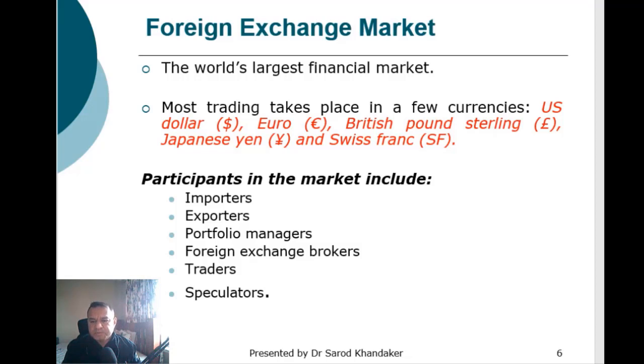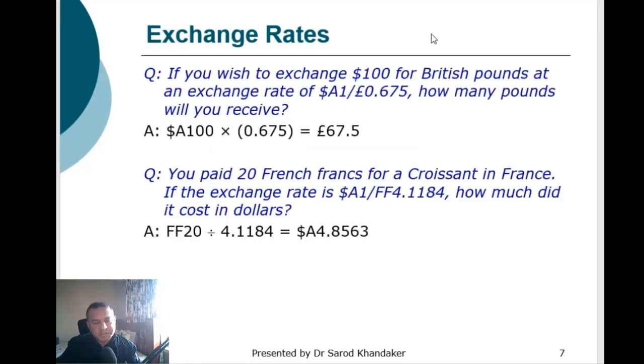The participants in the market include importers, exporters, portfolio managers, foreign exchange brokers, traders, and speculators. Foreign exchange is a very important factor because all international transactions happening every day are based on the exchange rate, and this exchange rate can change every single moment or over time.